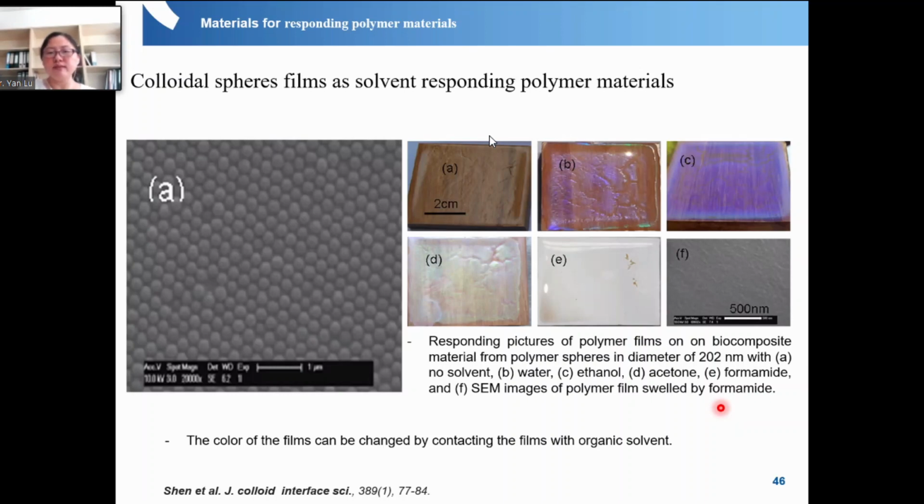Because you use solvent-responsive polymers, they respond differently in different solvents, so you can change the band gap or the color of the film by using different solvents. These authors deposited the film in different solvents like water, ethanol, and acetone, and you see a continuous change of the color of these polymer films.